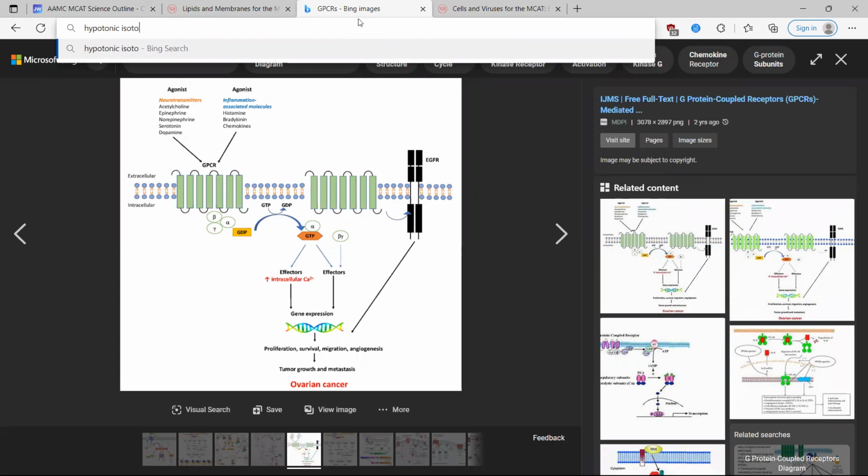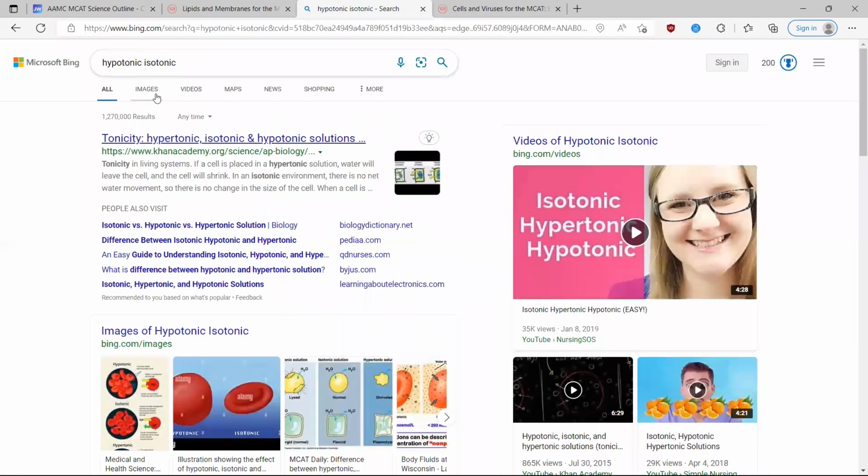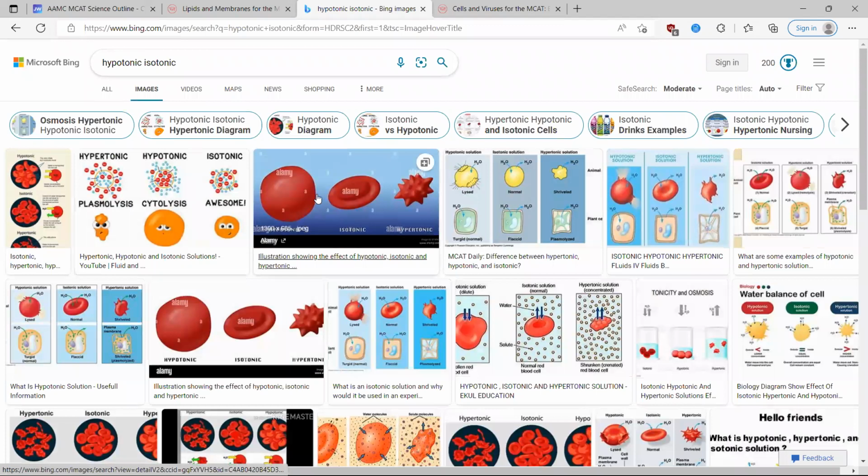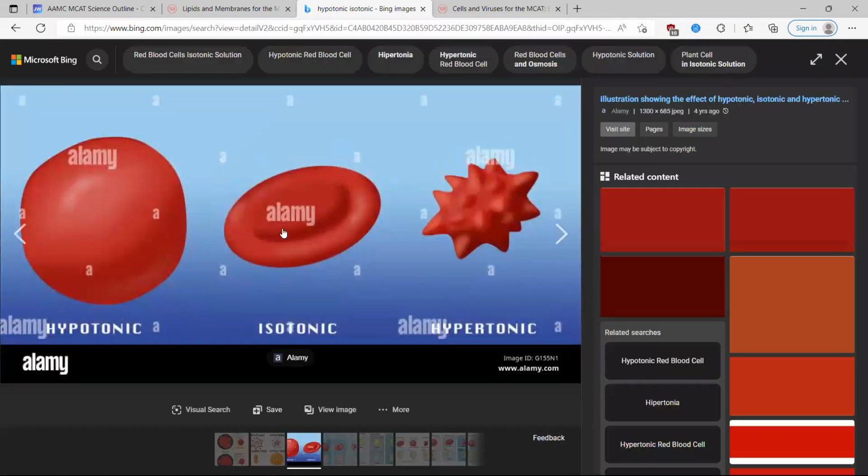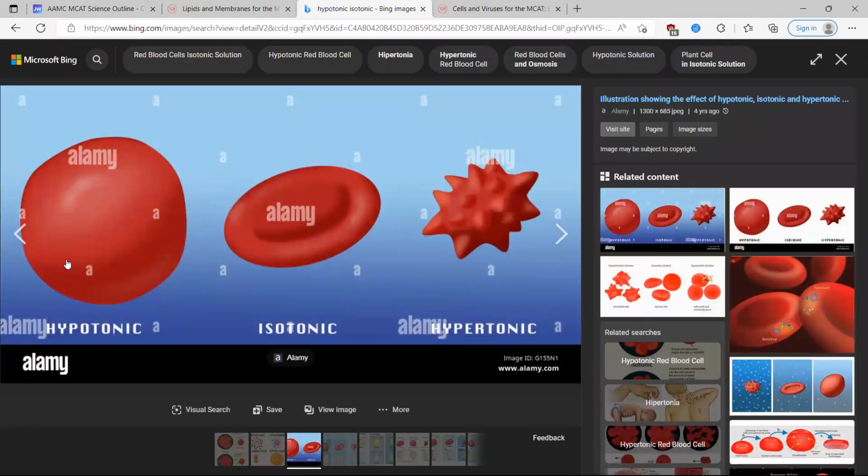You can see the behavior of the water. If it's hypotonic, well, first of all, isotonic means that the solute concentration outside and inside is the same. So there's no need for water to drastically move anywhere.